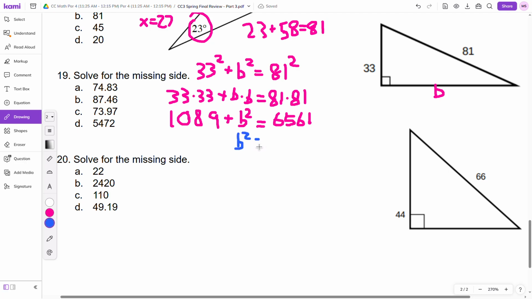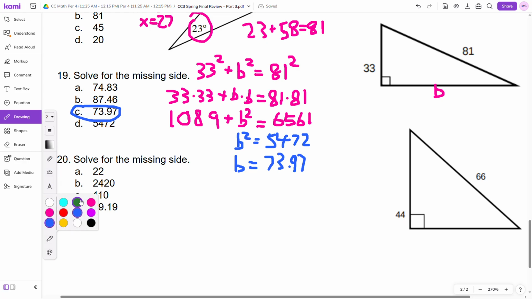So I get b squared equals 5,472. And then I square root that. And I get 73.97. So b equals 73.97. And that's the answer. That's C.